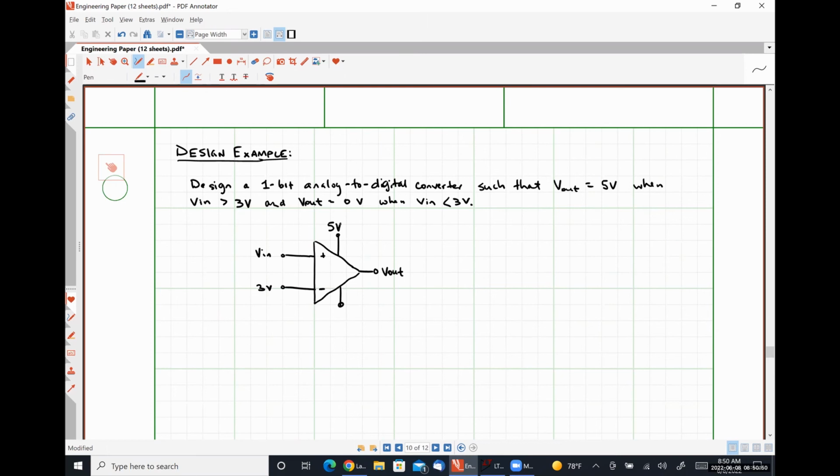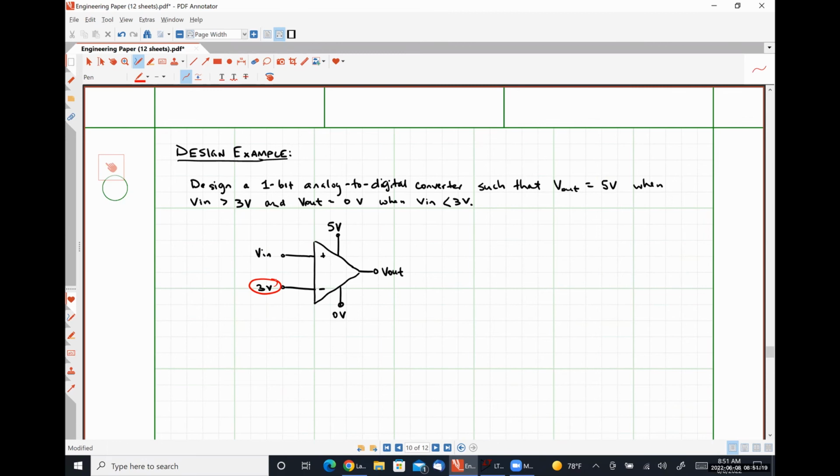And we want our output voltage to be 0 when our output goes low. So that means we're going to put 0 volts or ground down here as VCC minus. So we've done a simple design here for a 1-bit analog to digital converter where we've assumed that we have access to a 3-volt source.